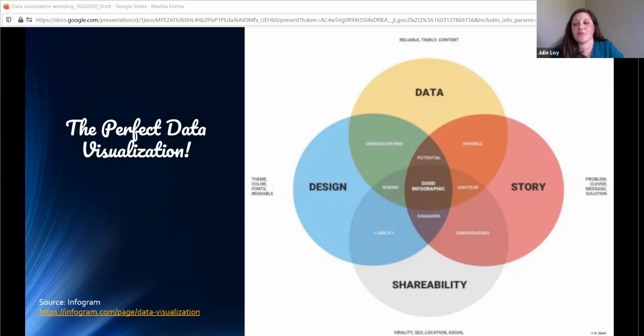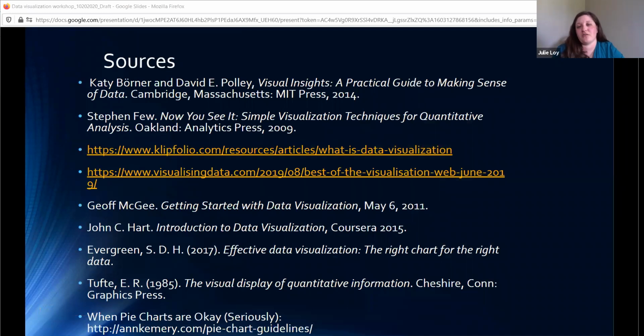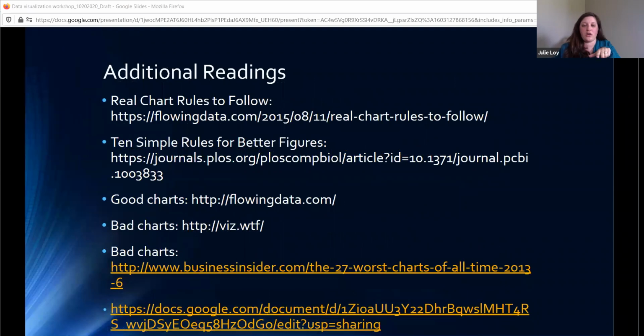So I think that pretty much wraps up data visualization and what you can do with it, and maybe even your students as well. These are just some sources that we have. We also have a page for additional readings, and if you go to that page, we have a Google Doc with even more, because there's a lot out there.